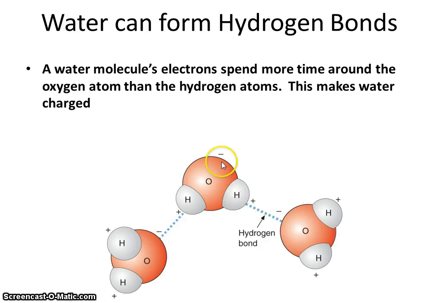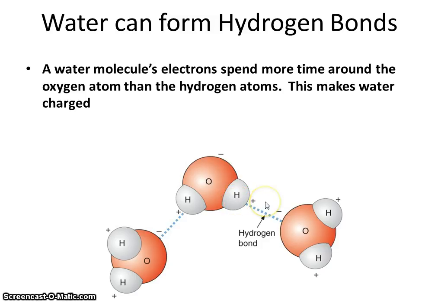Because the negative electrons spend more time around the oxygen atom than the hydrogen atoms, that makes the oxygen atom slightly negative. And vice versa, because there are fewer negative electrons spending time around hydrogen, that makes the hydrogen atoms slightly positive. So water, the oxygen bound to 2 hydrogens, actually is polar. It has a negative end and a positive end.